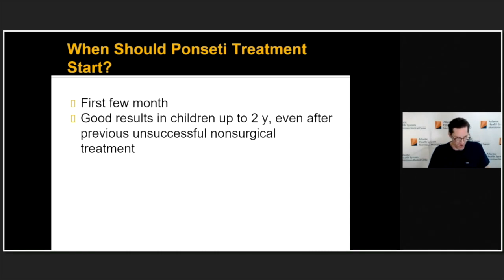And probably what's more important than when you first start casting is when you stop the treatment. These children, as you'll see, need to be followed for at least a few years. Good results can even be achieved with the Ponseti treatment up to 2 years of age.